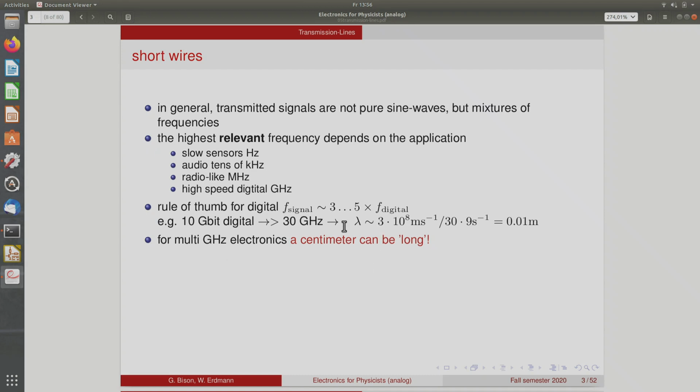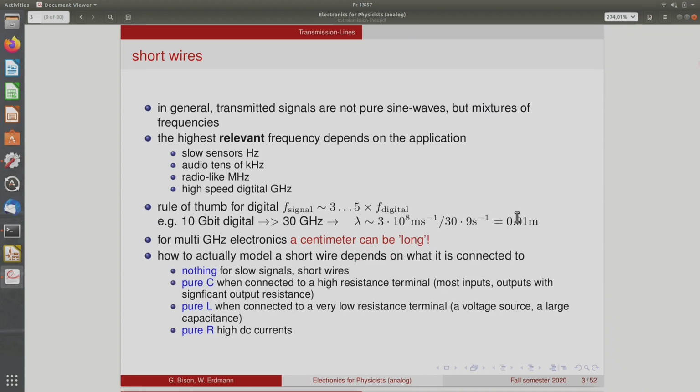And the wavelength of this is only a few centimeters. So when you do multi-gigahertz electronics, a centimeter can already be a long distance. So for fast electronics, the problem that I've shown in the beginning is everywhere. For the things that we do here, when you do these exercises, it's usually not a problem. You can just take a wire and connect two pieces, and you see what you expect.